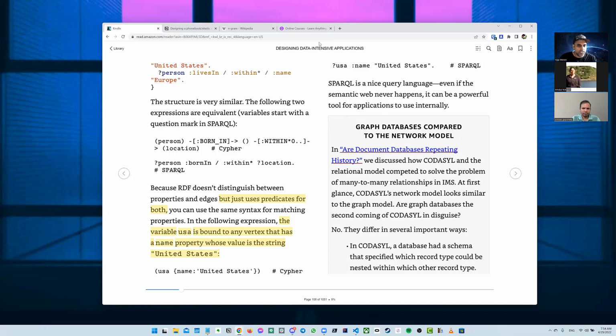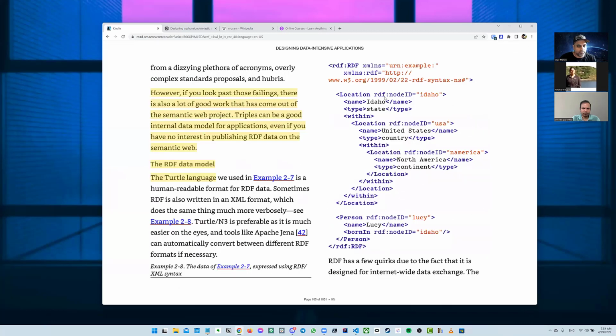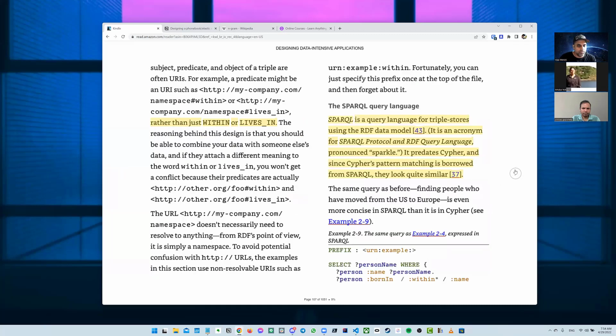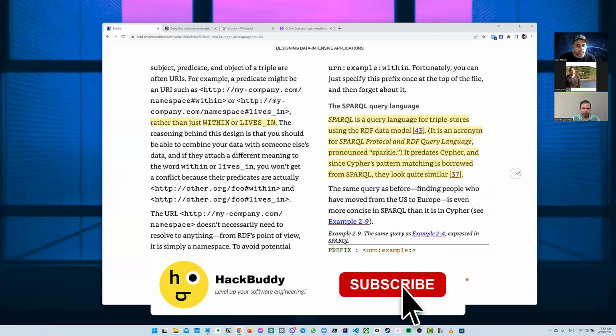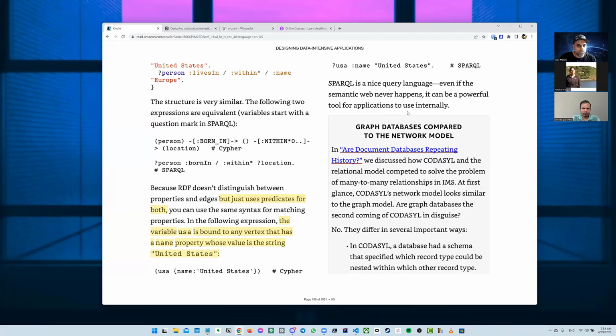Essentially, SPARQL probably has simpler syntax, but you may have to sit there and look through RDF or XML a little bit more when you're structuring it. Whereas Cypher works a little bit better with data that's modeled a different way.